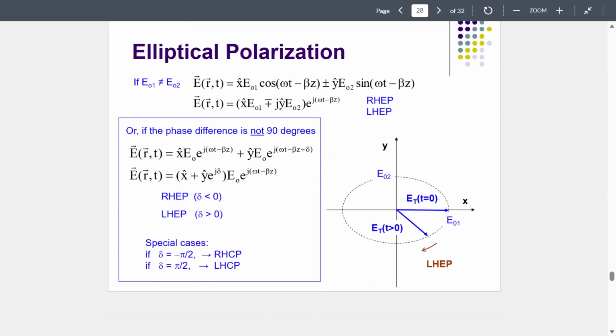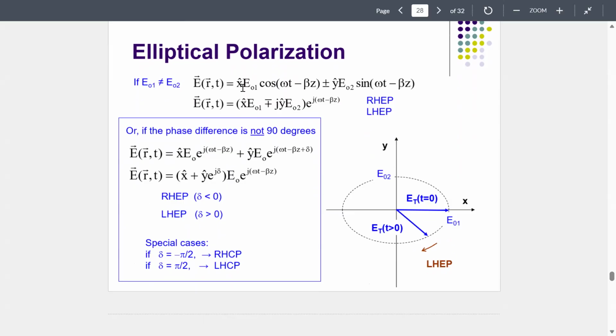Elliptical polarization, we're not going to do that. Like I said, three conditions must be met to have circular polarization, right? The two waves must be 90 degrees in phase, 90 degrees in space, perpendicular, and the amplitudes must be the same.